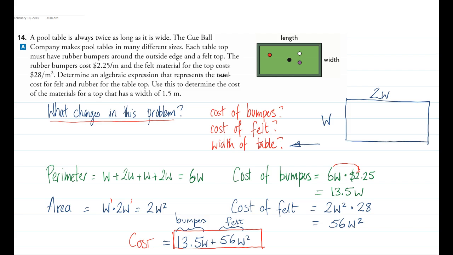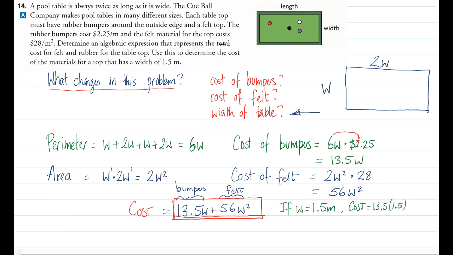So in part B, if W was 1.5 meters, the cost would be 13.5 times 1.5 plus 56 times 1.5 squared.